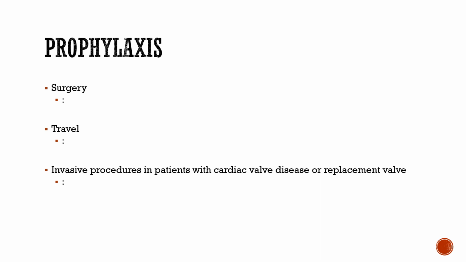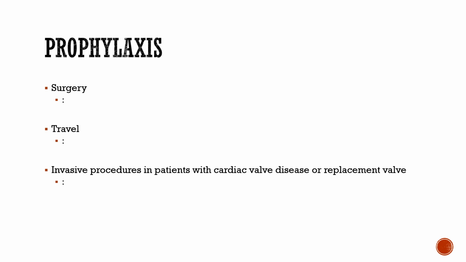And then we do it for invasive procedures for patients that have had any sort of cardiac valve disease or cardiac valve replacement. These guys have a risk of endocarditis, valvular disease. They're going to take antibiotics before any dental procedures, any procedure that's going to potentially cause bleeding.